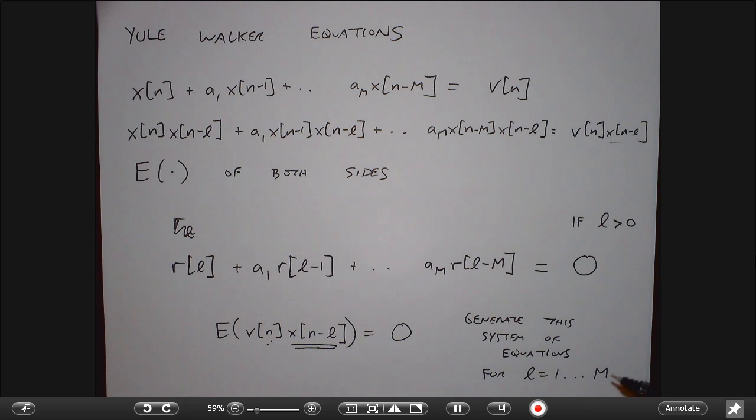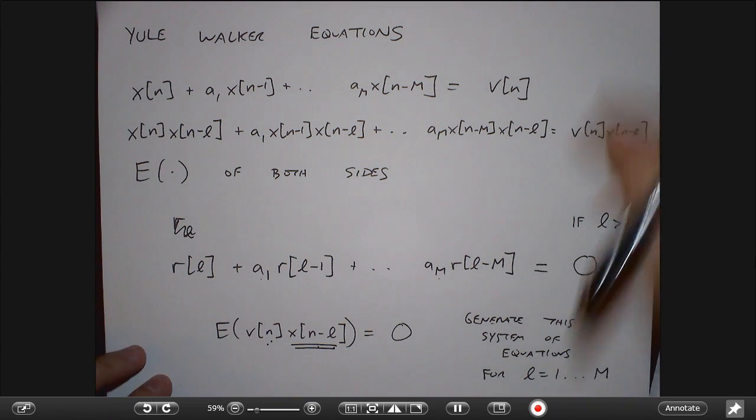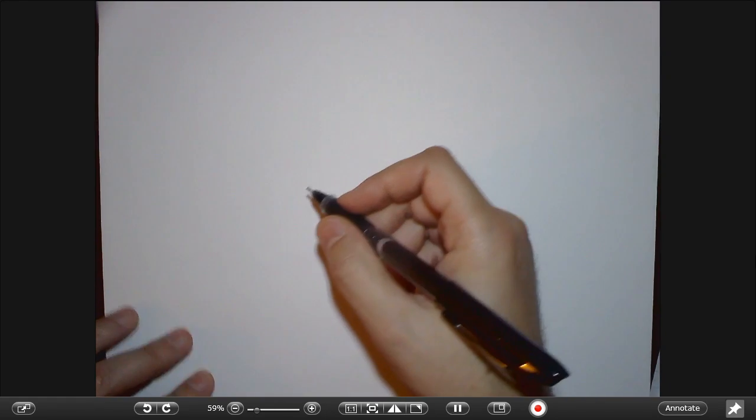So all I'm doing is I'm allowed to choose what is my lag, and so since I have M unknowns, A1 through AM, I'm going to make M equations so I can get a square matrix, right? So that means that, for example, when L equals 1, let's just take a look at what we get here.